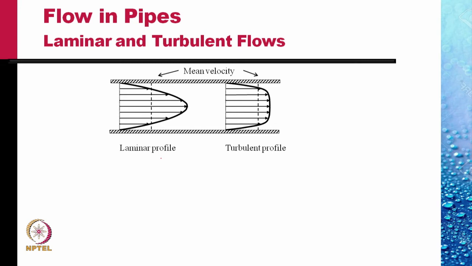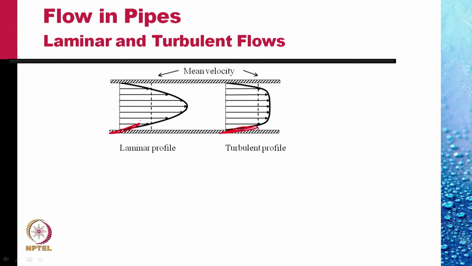Here we are comparing the flow profiles in the laminar flow and the turbulent flows. In laminar flows, the maximum velocity is much larger than the average velocity. Not so in turbulent flow. In turbulent flow, the central region is quite flat. The gradient of velocity at the wall is much larger in the case of turbulent flow than in the case of laminar flow.